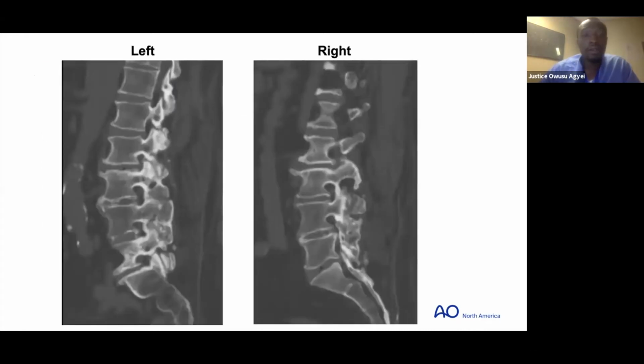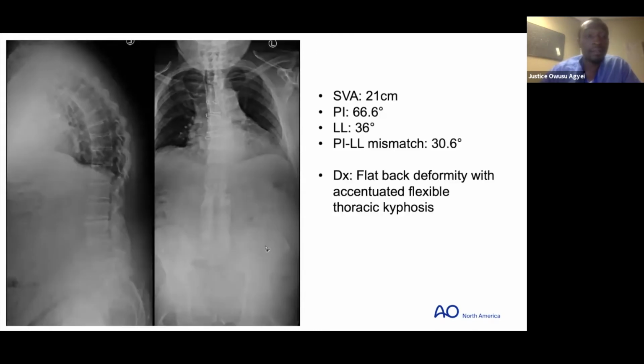And this is his CT scan, which demonstrates bilateral fusion masses from L2 to L5. It is important to note that he does not have a fusion across the L5-S1 level. And this is his standing scoliosis film, which demonstrates severe flat back deformity with an accentuated thoracic kyphosis.